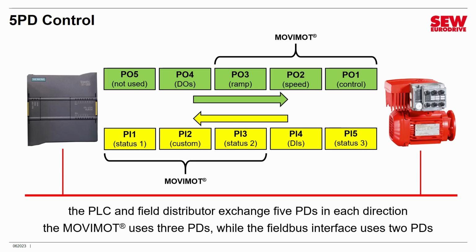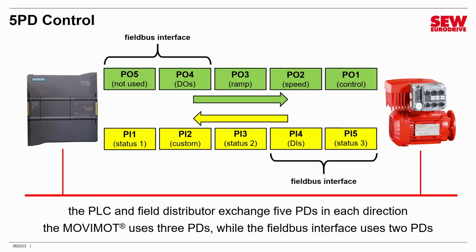Now, the other 2 PDs reflect information about the field distributor itself. PO4 is used to control the digital outputs on the field bus interface. Remember, the field bus interface may have some extra I/O. If there are digital outputs, then sending information in PO4 will allow you to turn those on or off. PI4 and PI5 provide information about the field bus interface.